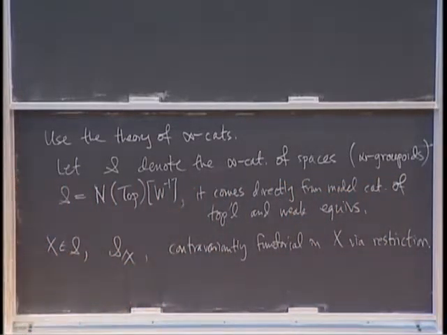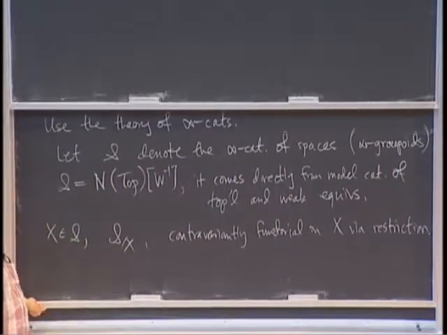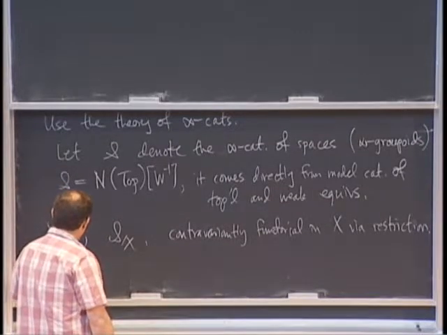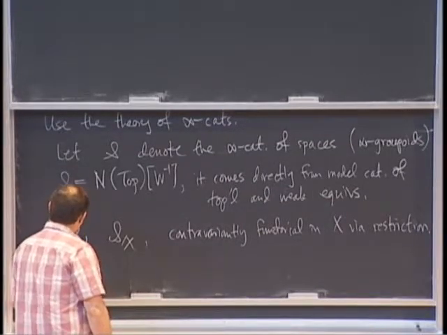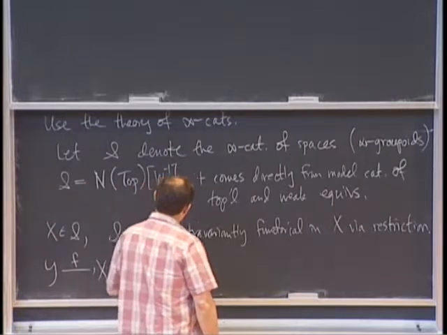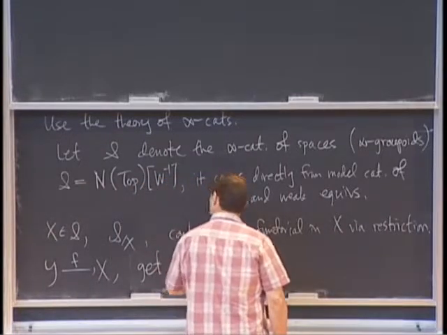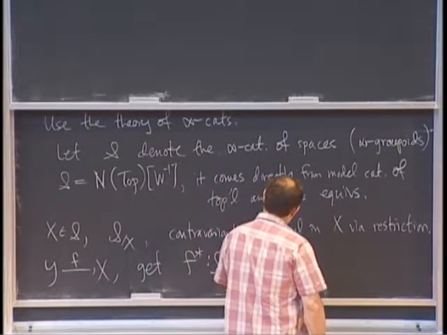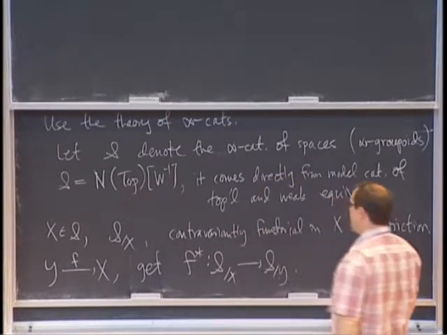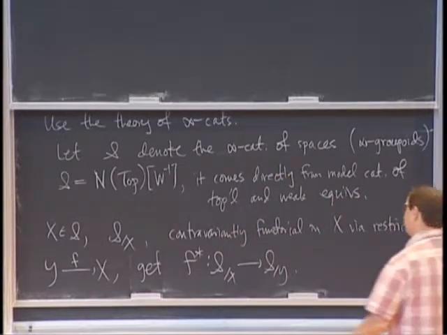Or you could think of it as pullback if you want. So if I have a map f from Y to X, I get a map f upper star from S over X to S over Y, which is the pullback.